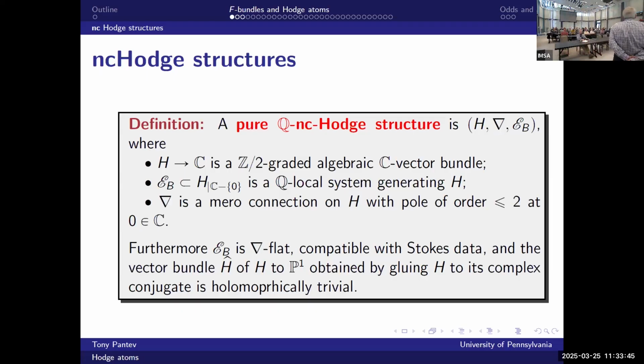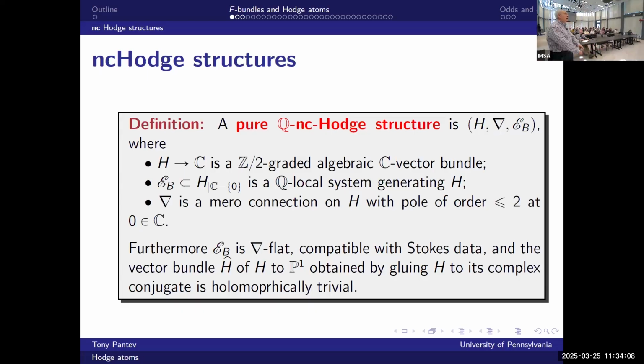And then there is a reality condition, this last condition, which says that if you glue, using the rational structure, the original vector bundle to its complex conjugate to obtain a vector bundle on P1, then that bundle is holomorphically trivial.